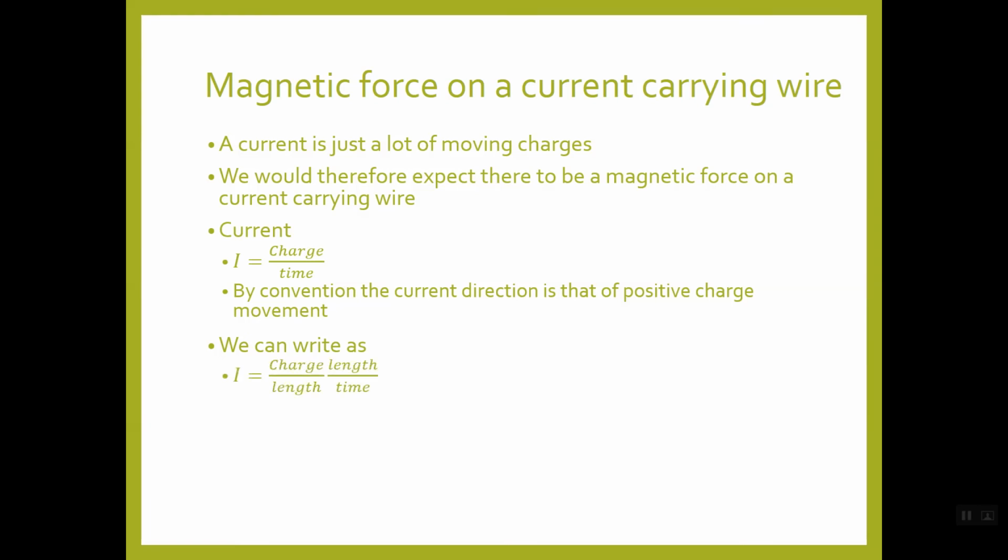So we can write current as charge over length times length over time, which gives us the charge density times the velocity of the particles. So lambda is the charge density of the moving charges, v is the speed of the moving charges.